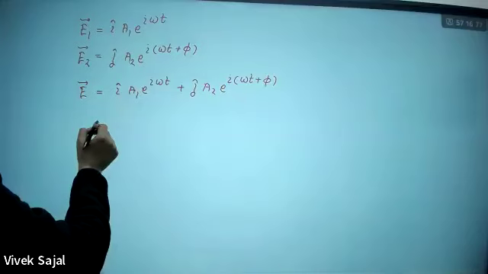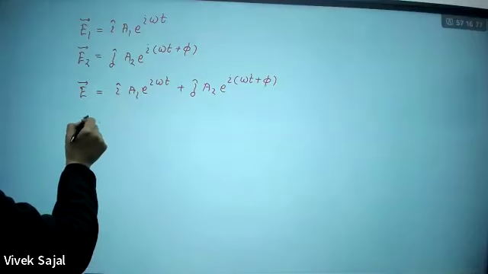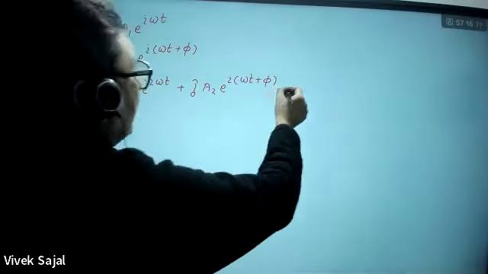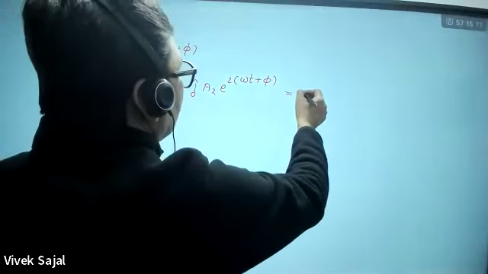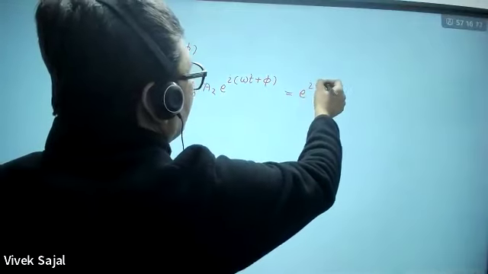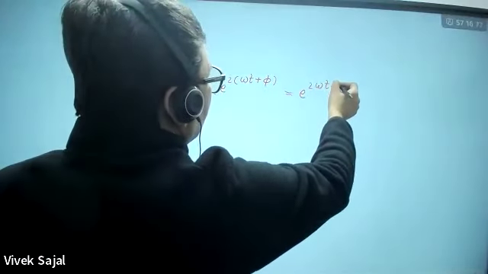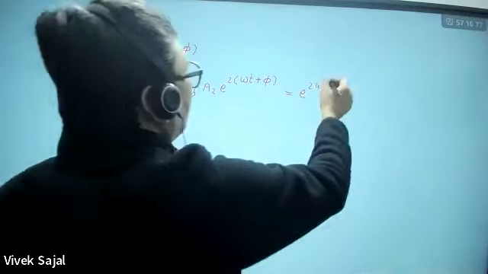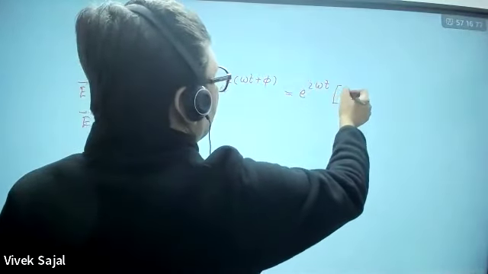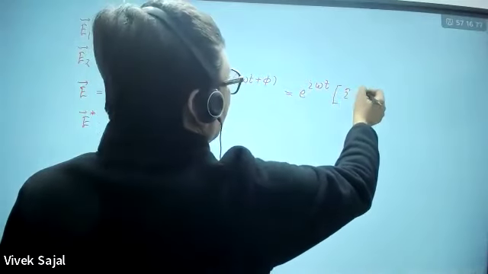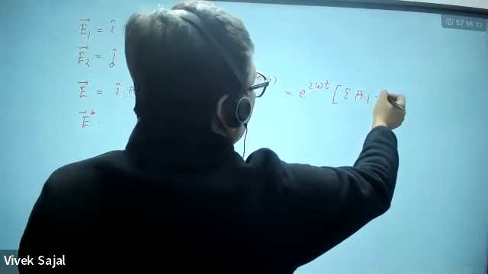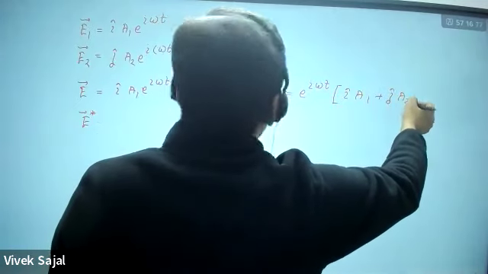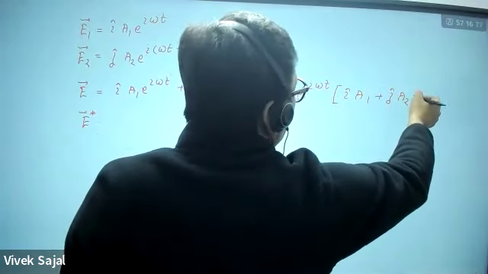So now what will be E star? Even you can take e to the power iota omega t common. So what will we be left with? This will be (I cap A1 plus J cap A2 e to the power iota phi).